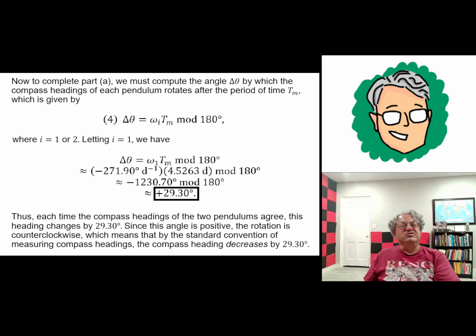I'm using plus for the usual mathematical convention that a positive angle is counterclockwise. And so that means that every time the Foucault pendulums' headings agree, that heading changes approximately 29.3 degrees counterclockwise. That's what this formula is saying. So that's the answer to part A.